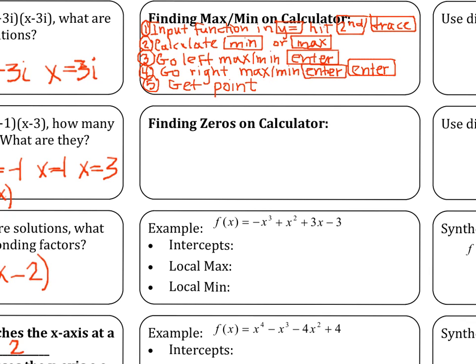So to find our zeros on the calculator, the first thing you have to do is, again, input your function into y equals. Okay, and then we're going to still do the same thing.